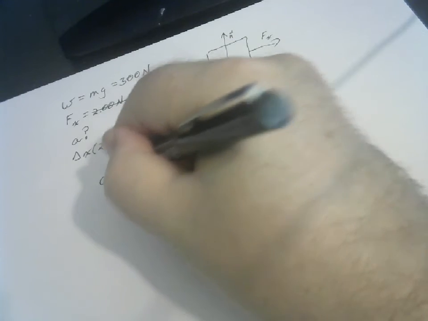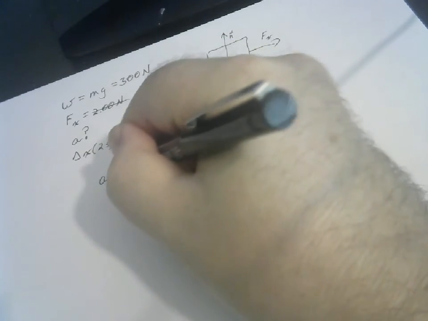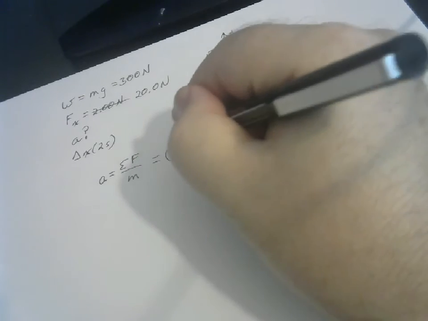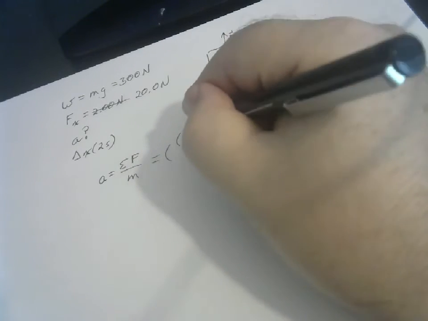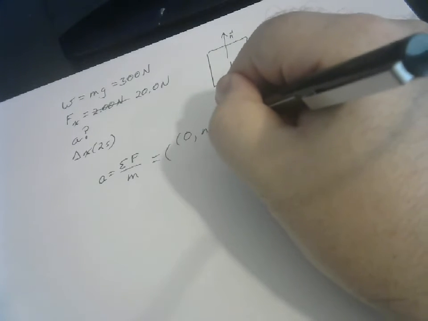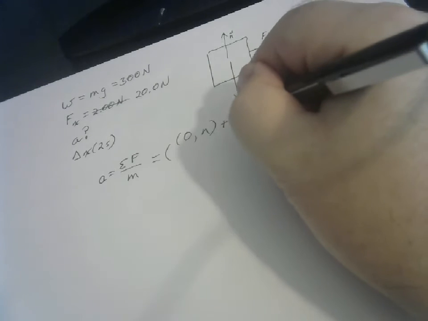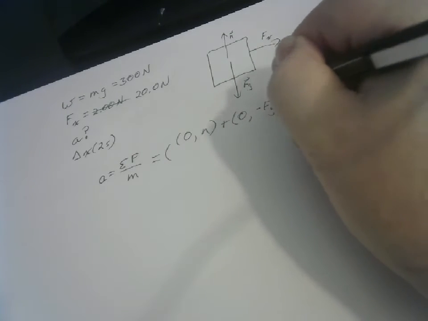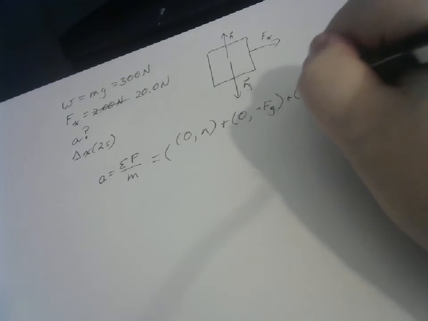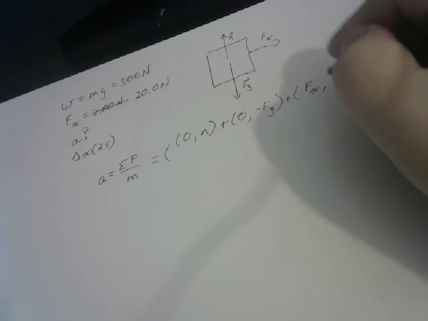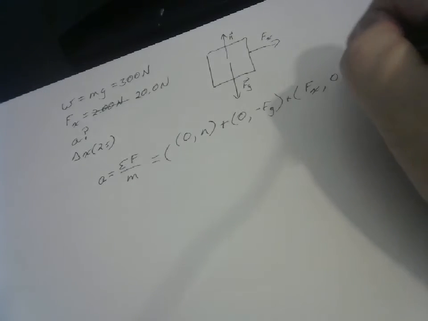To find the acceleration here, we will apply Newton's second law, which says acceleration equals the sum of the forces divided by the mass. Of course, this will involve the normal force, which is in the y direction, plus the force of gravity, which is also in the y direction, plus the pull of the man who seems to be pulling horizontally in the x direction.